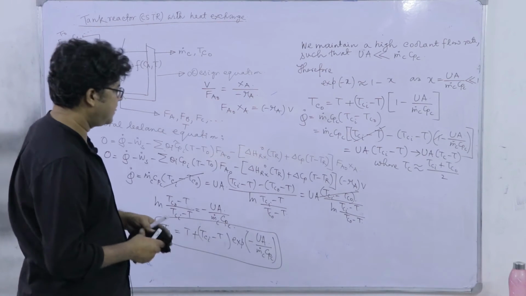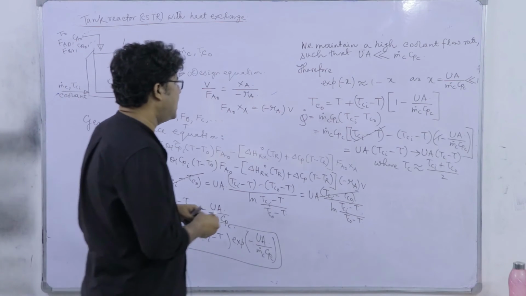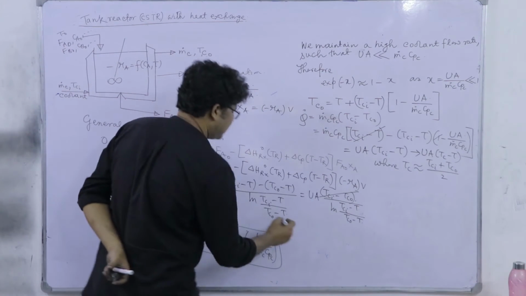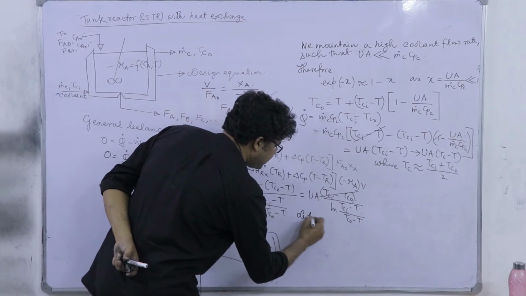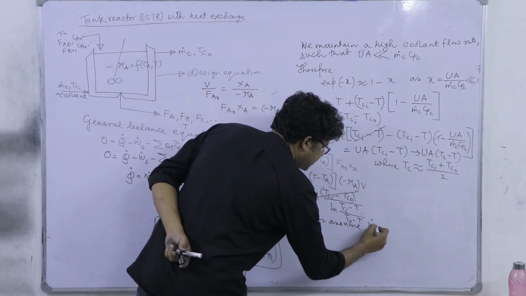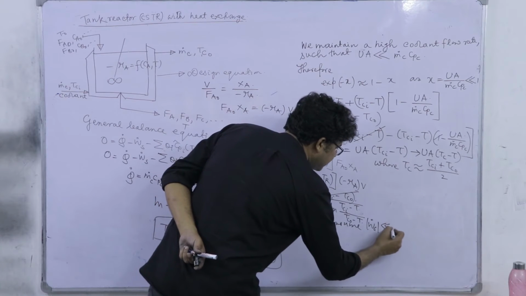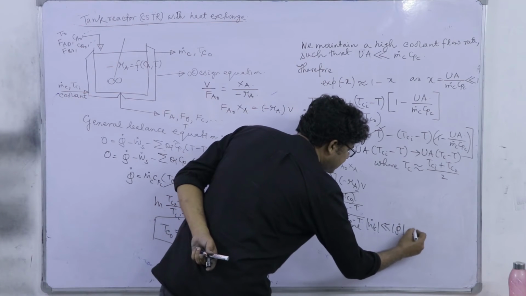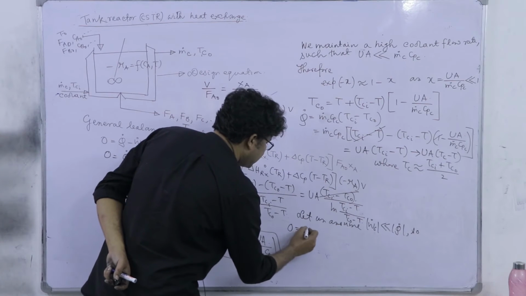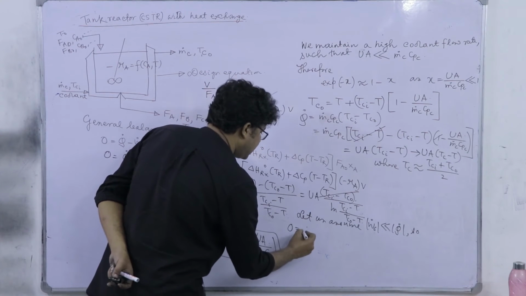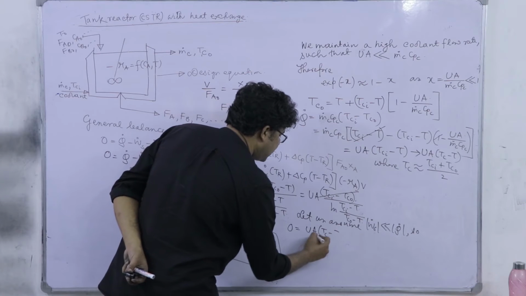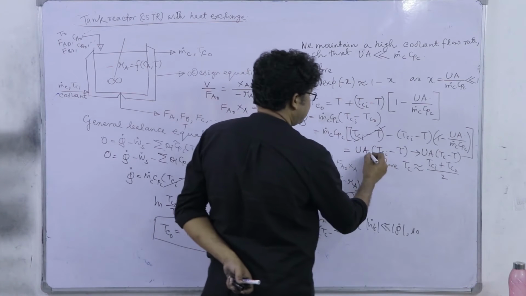our final equation will be Q dot, and let's assume again this W dot S is much smaller than Q dot. So, we have 0 equal to Q dot, and Q dot is U into A into Tc minus T, let us write it as AT.